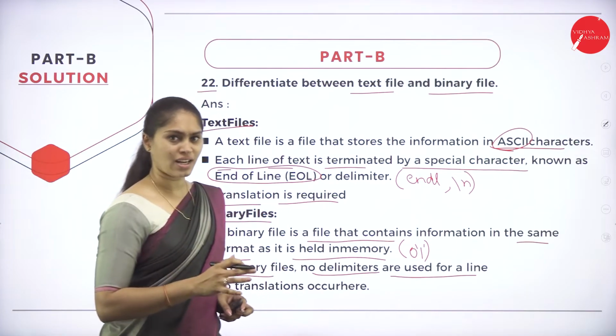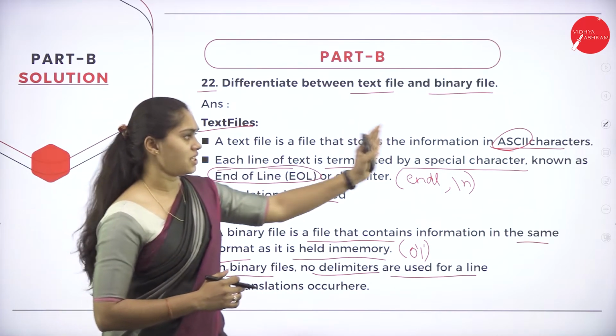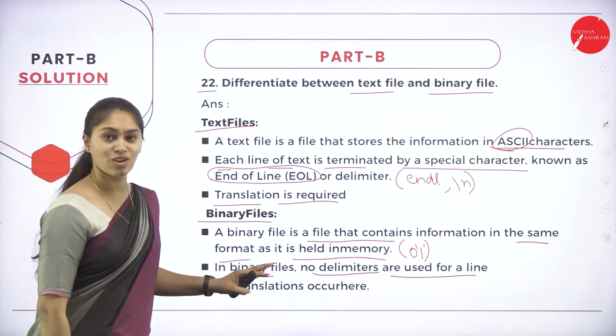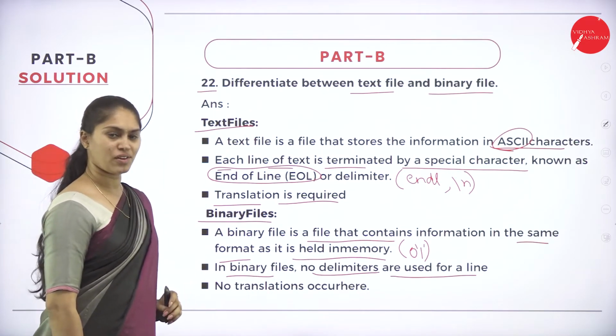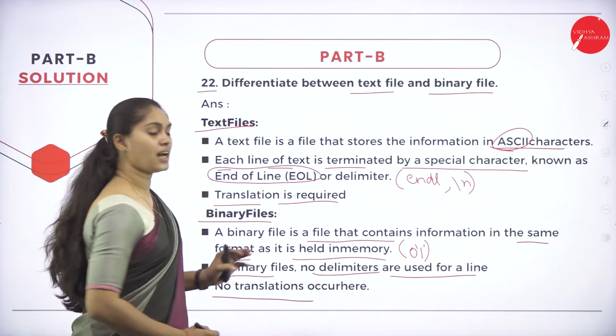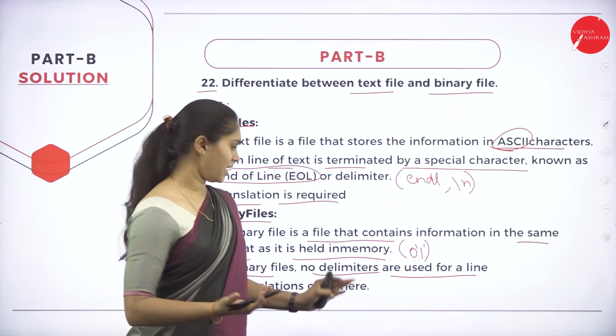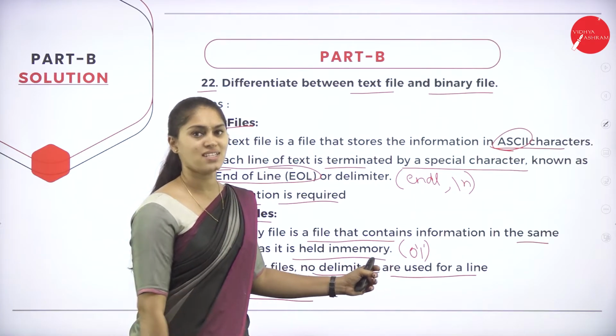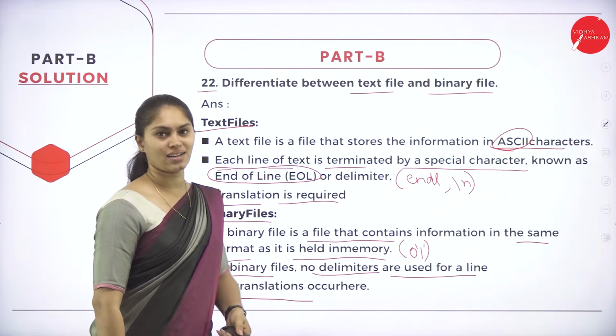So I need to translate the information which is in ASCII into zeros and ones. But that is not the case in a binary file, because no translation occurs here. Why? Because it is already in the form of zeros and ones. The computer can easily understand it. No translation is required in the binary file.